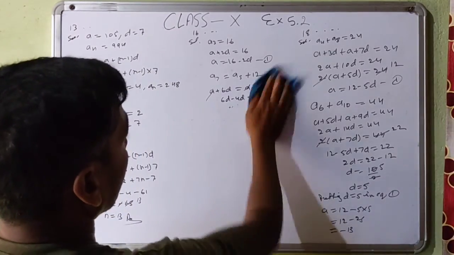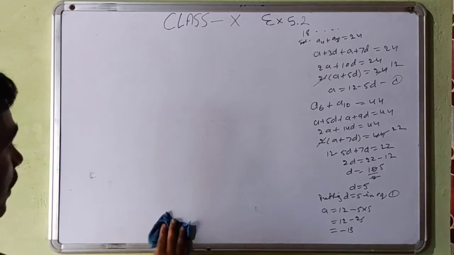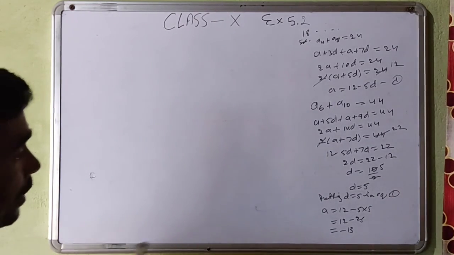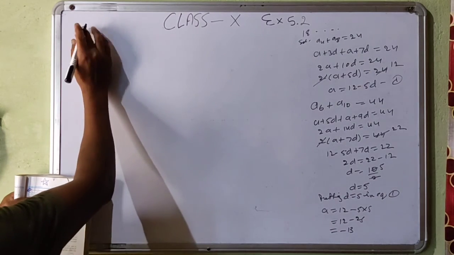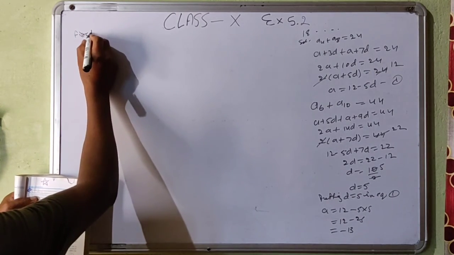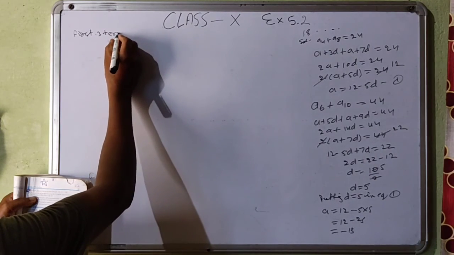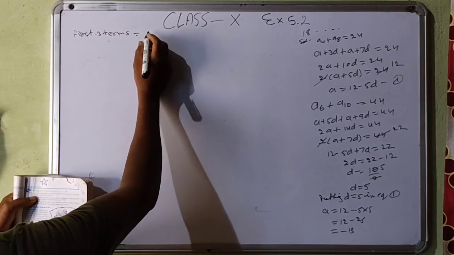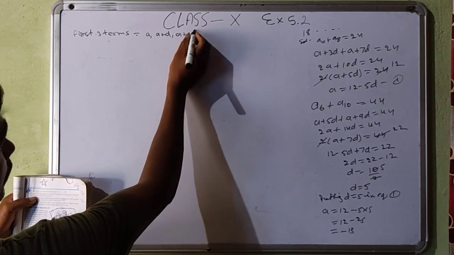And then we will find the AP. So the first 3 terms are A, A plus D, A plus 2D.